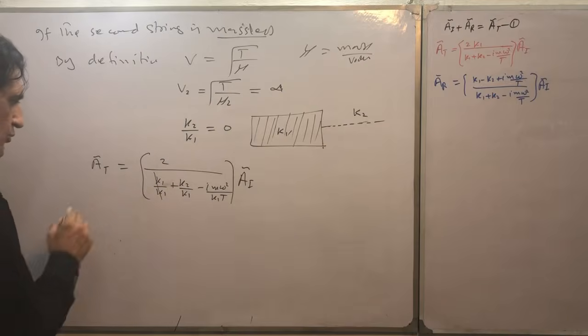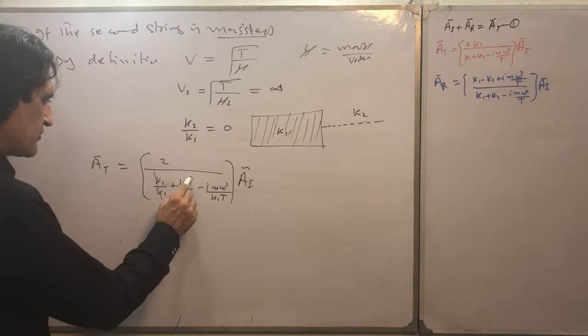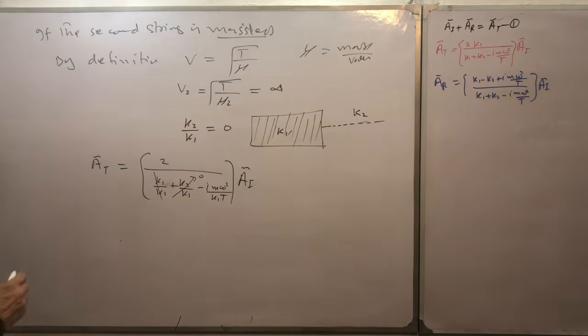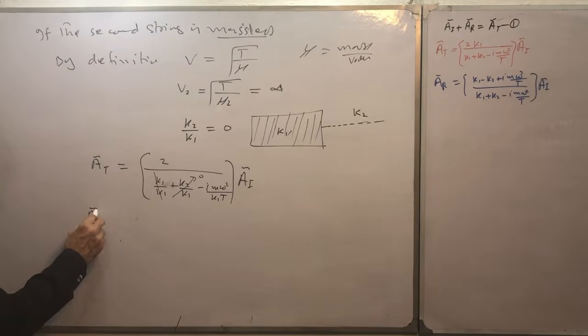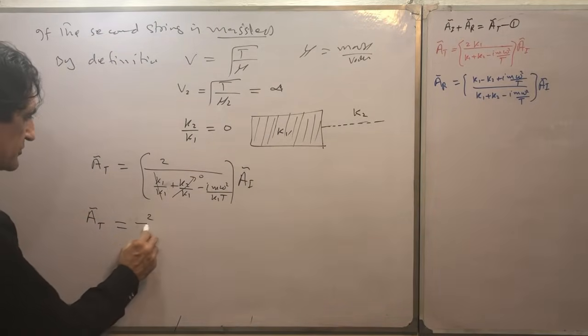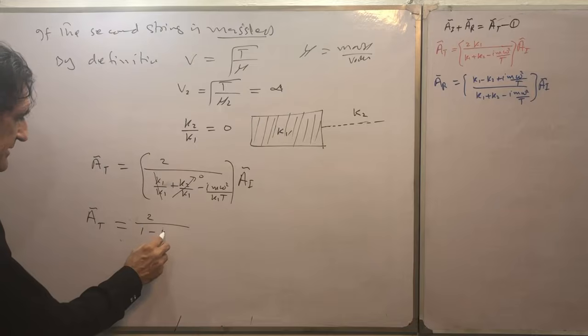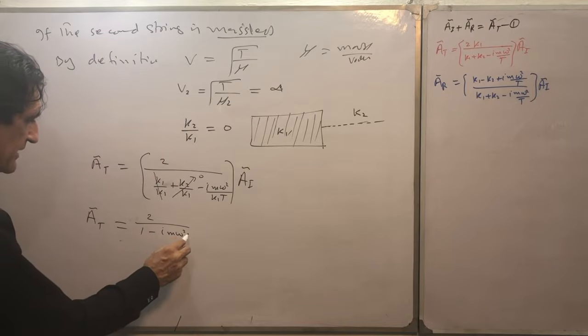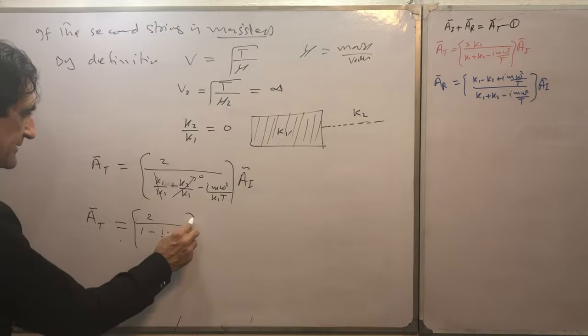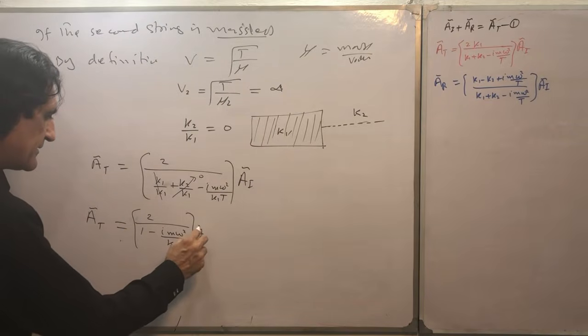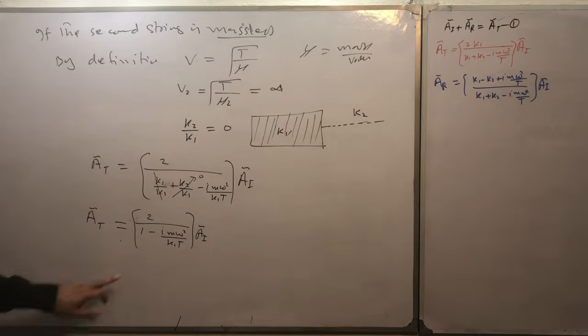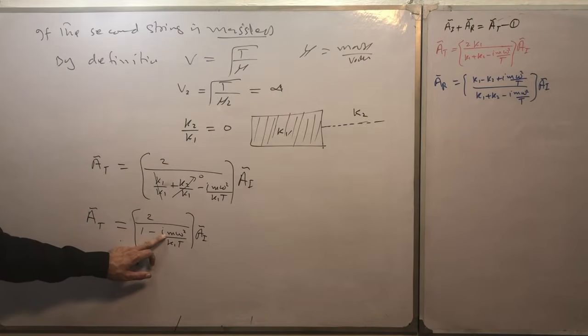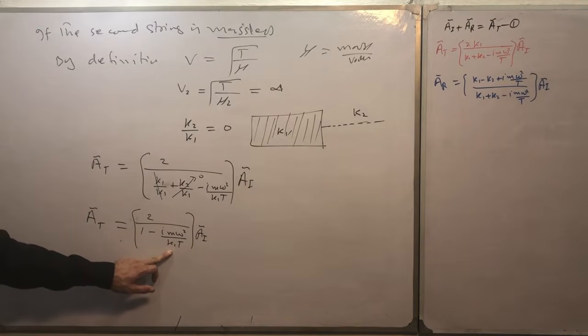This will be equal to 1, this will go to 0. Then AT must be equal to 2 divided by 1 minus iota m omega square divided by k1 T, and AI.